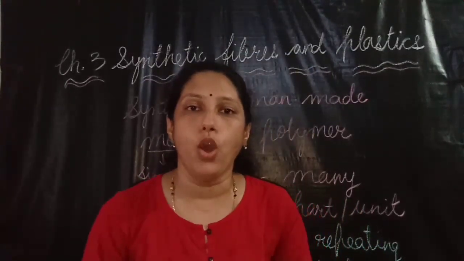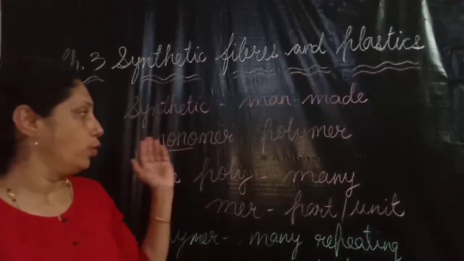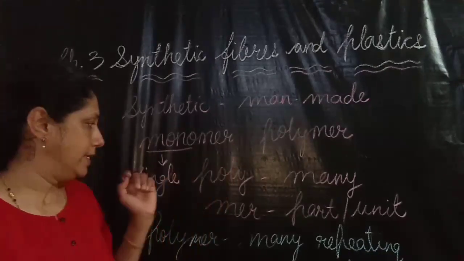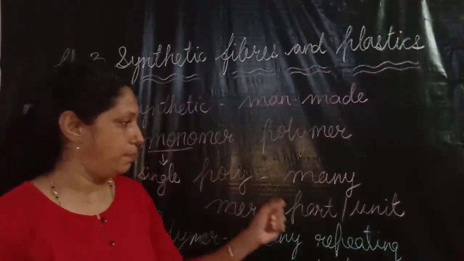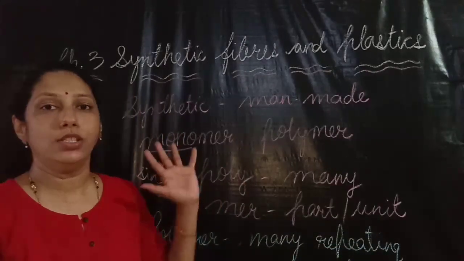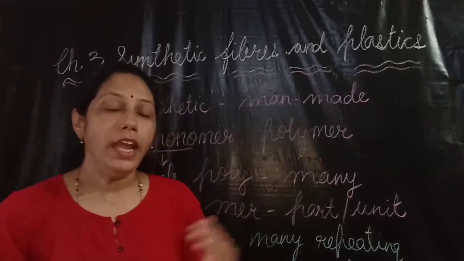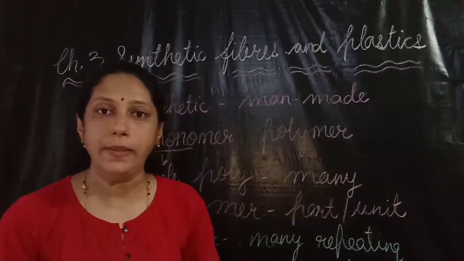Okay, so these synthetic fibers are also the chain of the chemical substances. Here the synthetic fibers are made from the monomers. Mono means single and mer means part or unit. When many single units join or combine together and form a chain, it is known as the polymer.